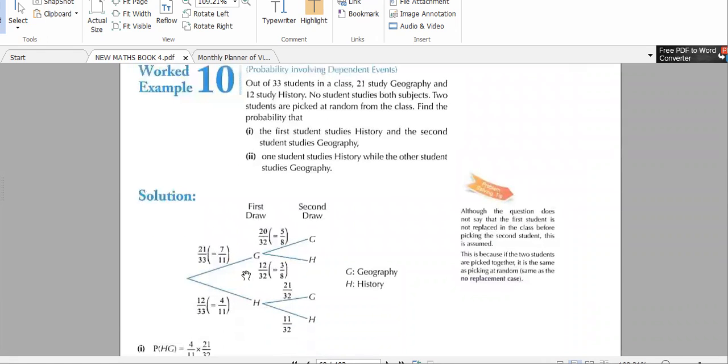We are going to make a tree diagram for it, like you can see in the solution, for both subjects, geography and history.